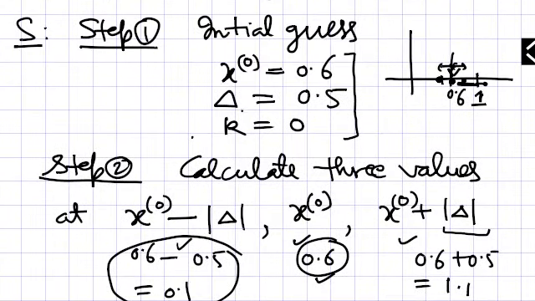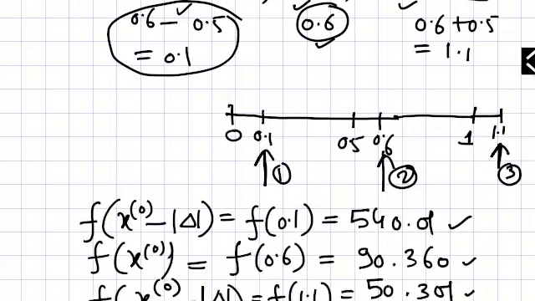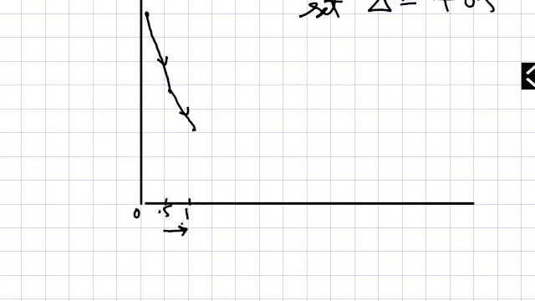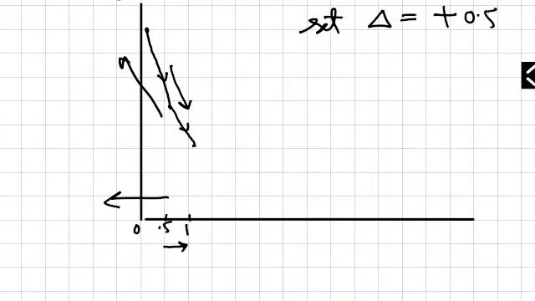When we set it, it could be negative or positive both. But after this calculation we decided that we will jump forward, because it is showing this kind of trend. We cannot go in this direction to find the minimum because it is increasing here. So that's why we have set it positive.